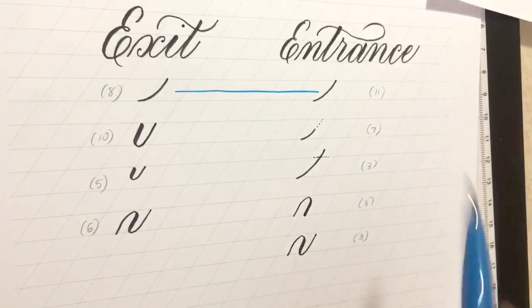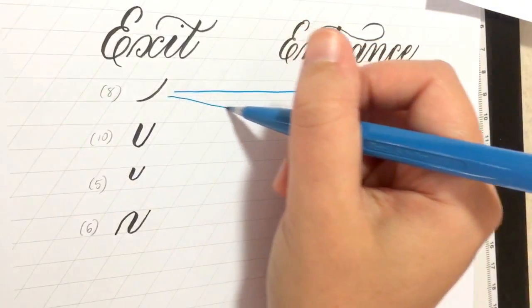Now let's look at an exit stroke to a partial entrance stroke.